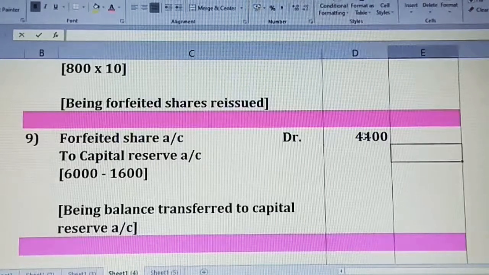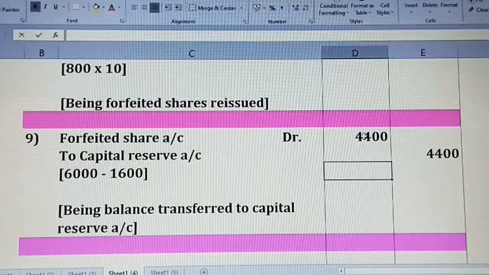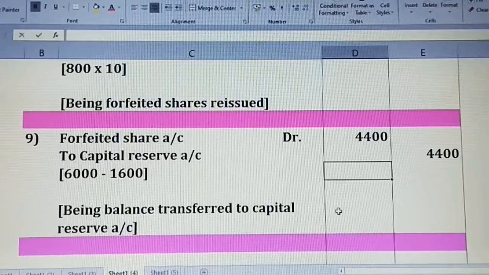So we have a profit on the reissue of these cancelled shares of rupees 4,400, being balance transferred to the capital reserve account. So we have completed this calculation.